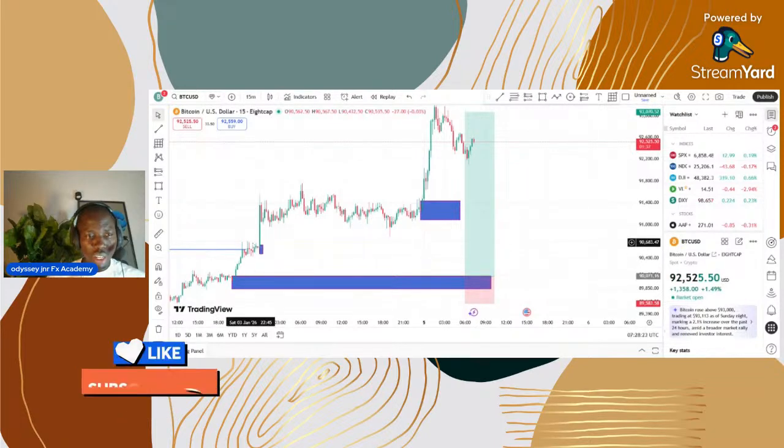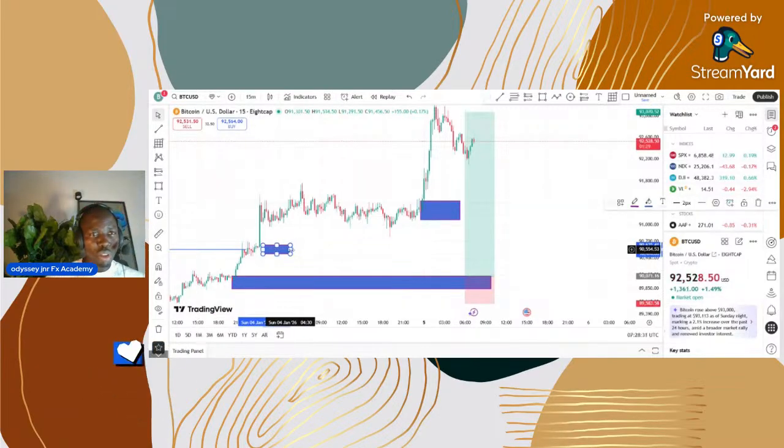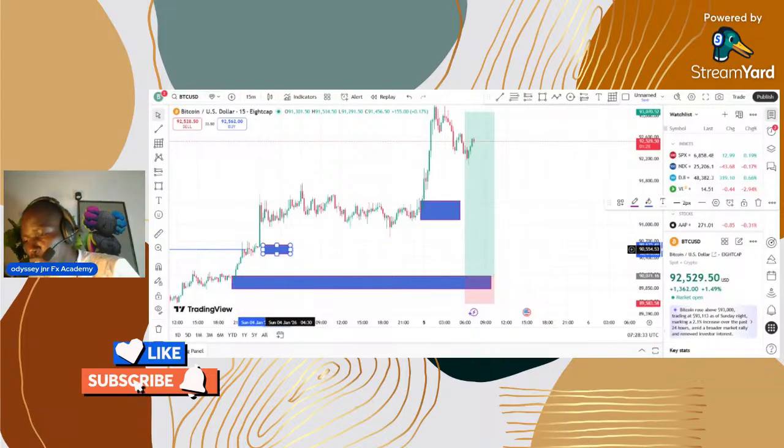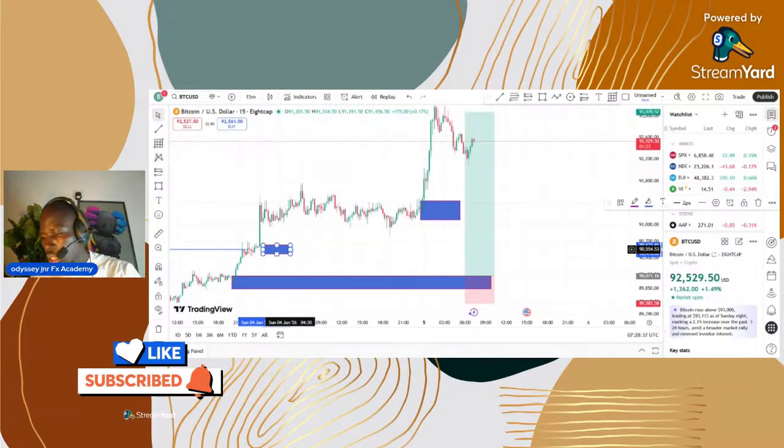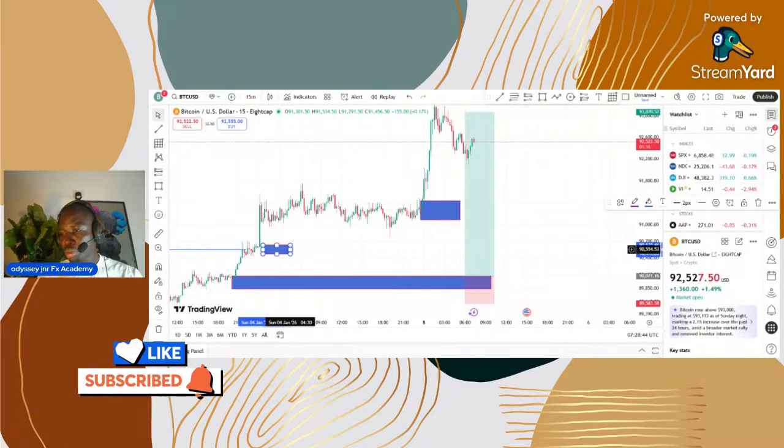It might not have the capacity to reach here, but here and here are very good places to look out for. We are going to use confirmation entry in this, so let's pay attention to what the market will do in these two places. What the market does here determines what we are going to do.